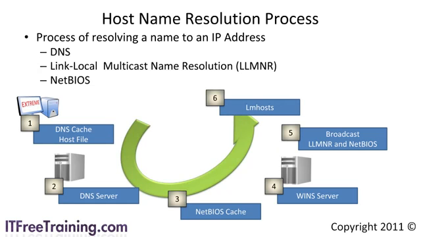The LM-hosts file is a file stored on the local computer. Later on, I will have a closer look at the LM-hosts file, but essentially it is a text file that contains NetBIOS names and their IP addresses. As you can see, there are a lot of different systems that are involved in resolving a host name to an IP address. Because of this, troubleshooting host name resolution issues can be difficult.